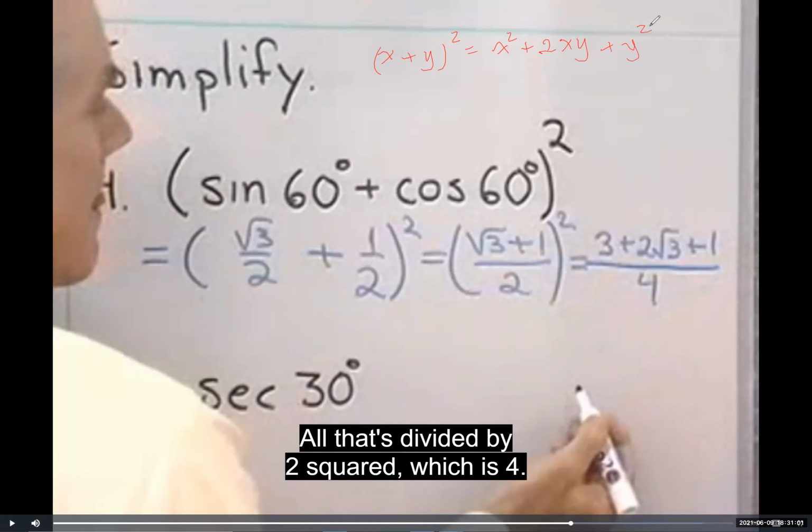So this is the algebra formula. So we apply it to this one. You can apply this formula directly to sine 60 degrees plus cosine 60 degrees first, or figure out the value first by using a special table, and then using that formula.